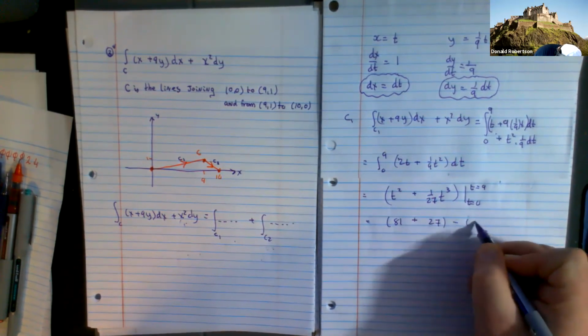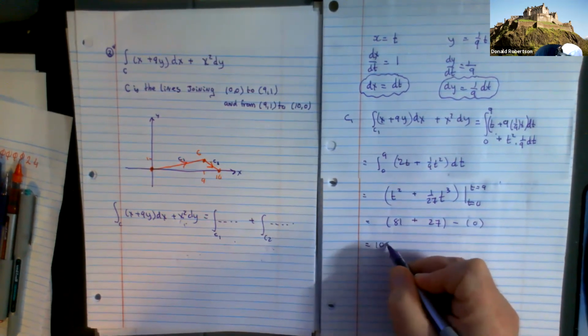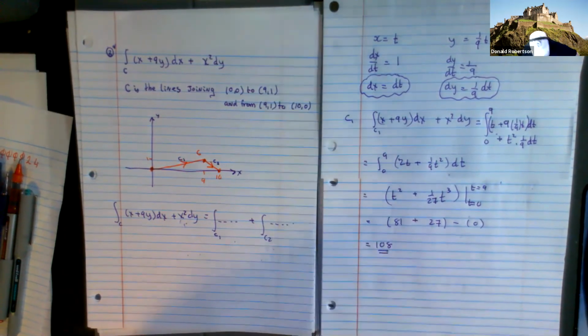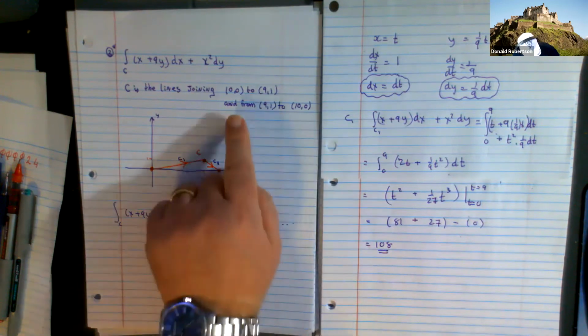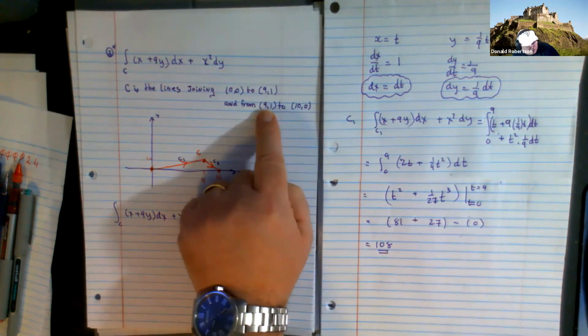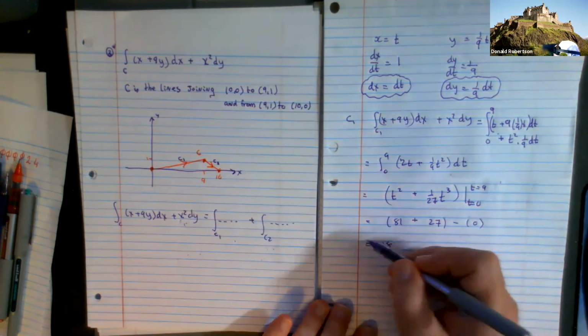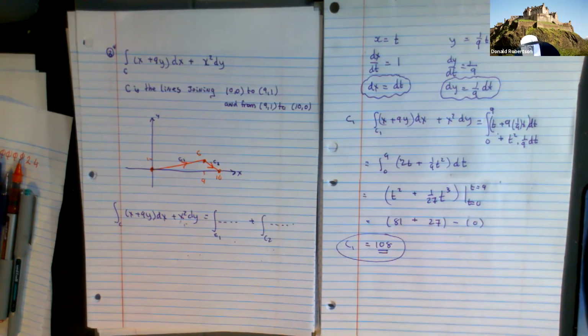Take away a whole load of zeros. I believe the answer is 108. But that's only the answer for the first piece. Don't we still have to do C2? So I'll put a little bubble around that to remind myself. That's the line integral over C1.